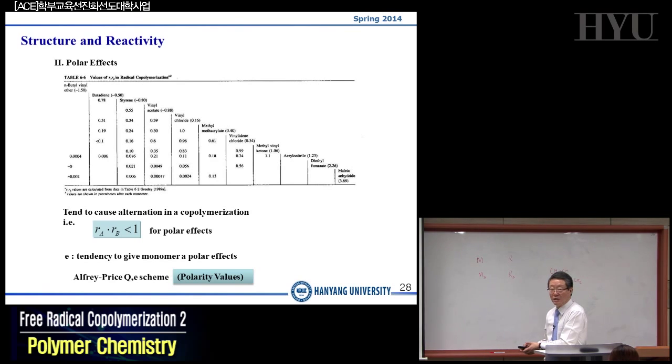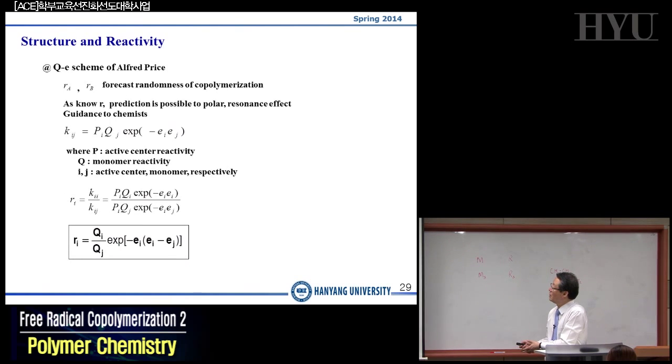Alfrey and Price, two well-known polymer physicists and chemists, defined the polarity values. They defined RA and RB in terms of the rate constants, K11 or K12 or whatever, where i and j represent the two species.